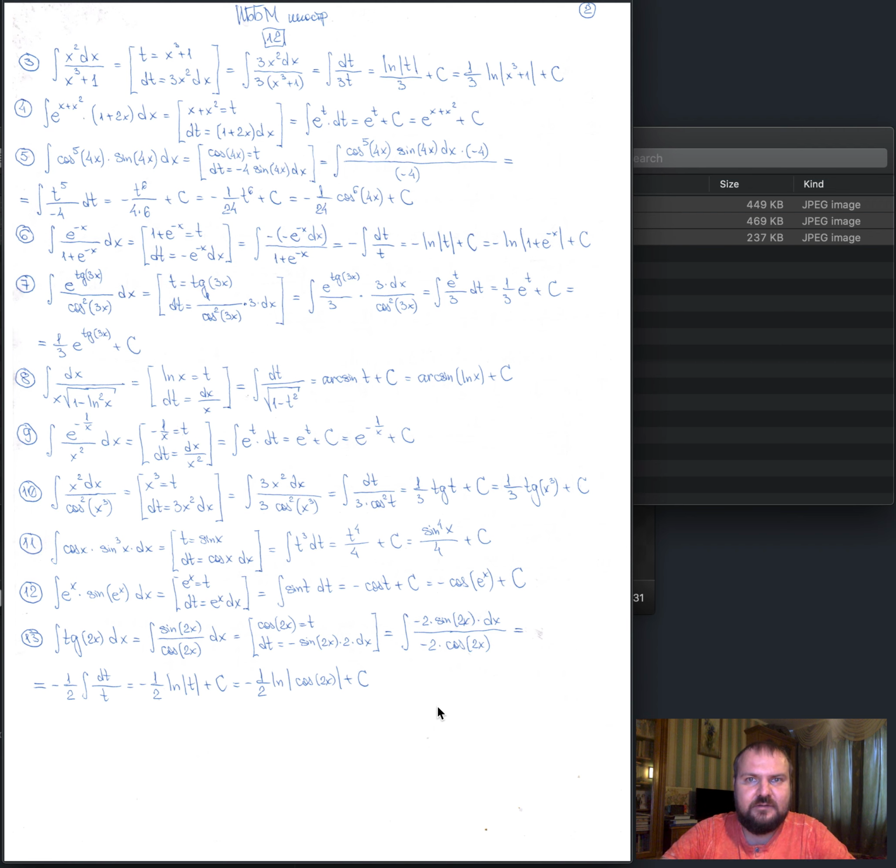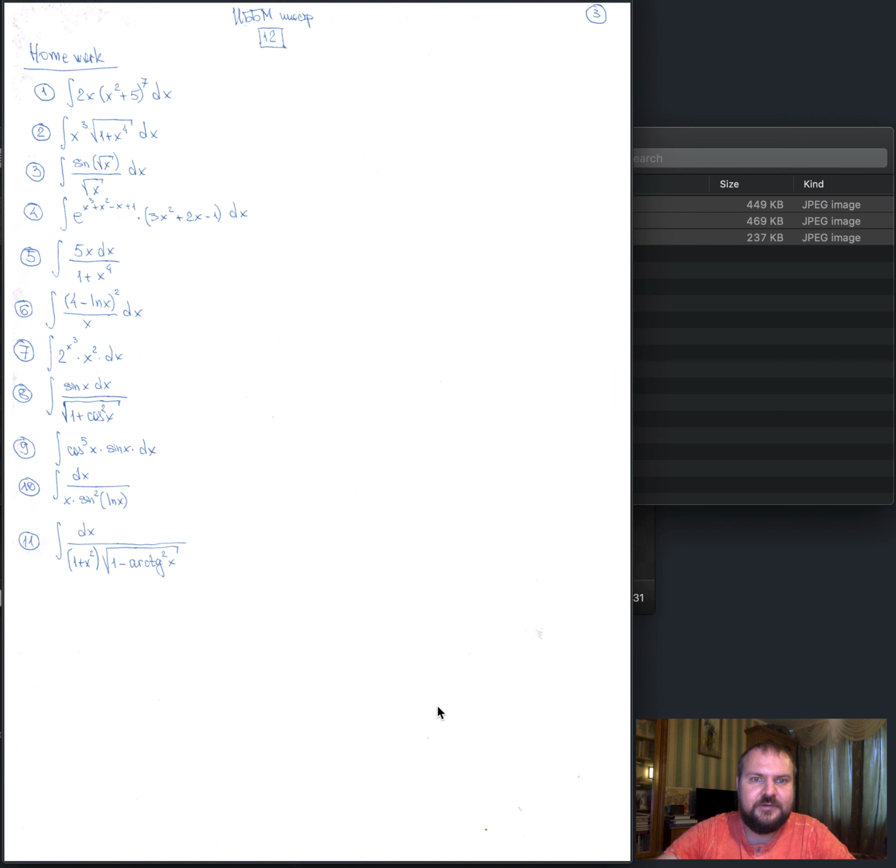That is a new topic for today for you. And the homework: examples of these topics. The first, the integral of 2x multiplied by the bracket x squared plus 5, the bracket to the power 7 dx. Number 2, the integral of x cubed multiplied by the square root of 1 plus x to the 4th dx.